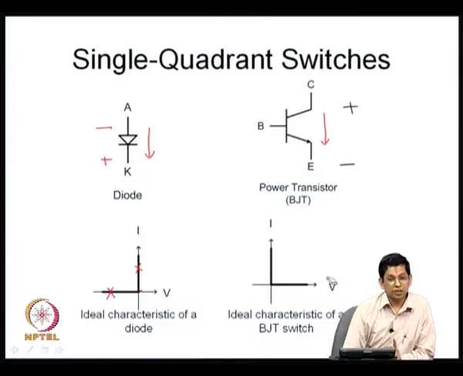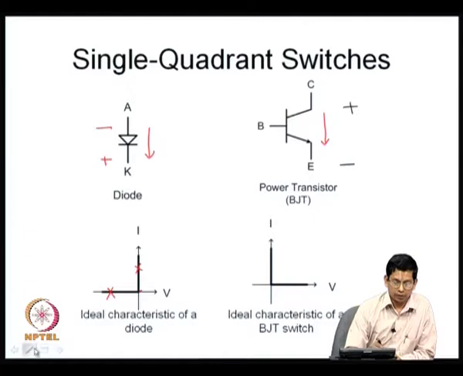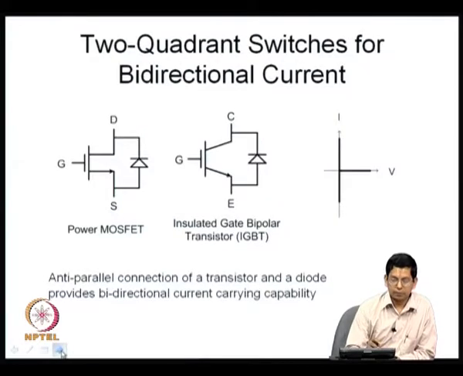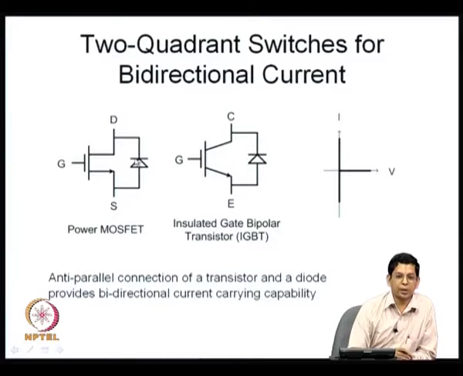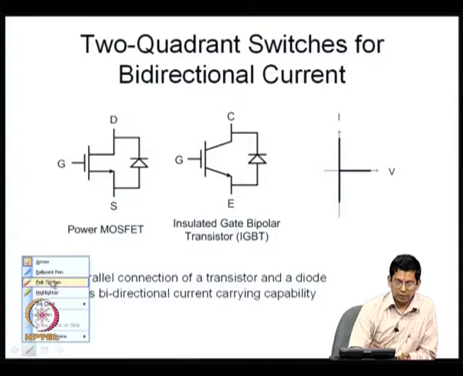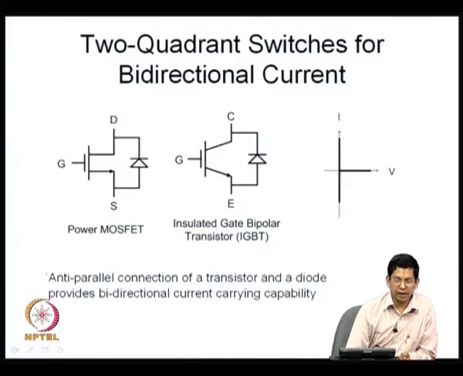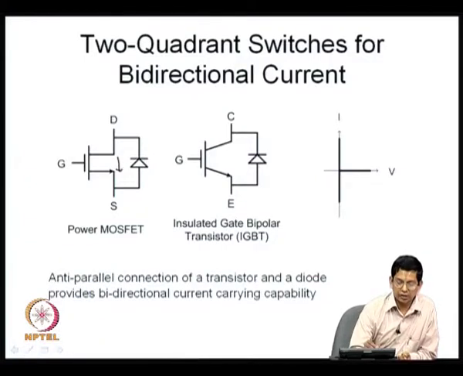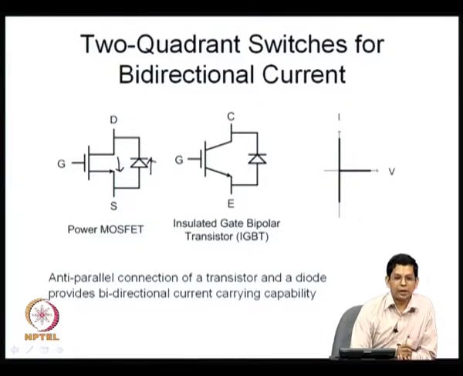Now, can we have switches conducting in both directions? Yes, we can do one simple thing. Let us say I have a MOSFET. A MOSFET already has a body diode. So, when it is conducting, it can conduct in this direction and the diode can conduct in the opposite direction. So, it can conduct in either direction.